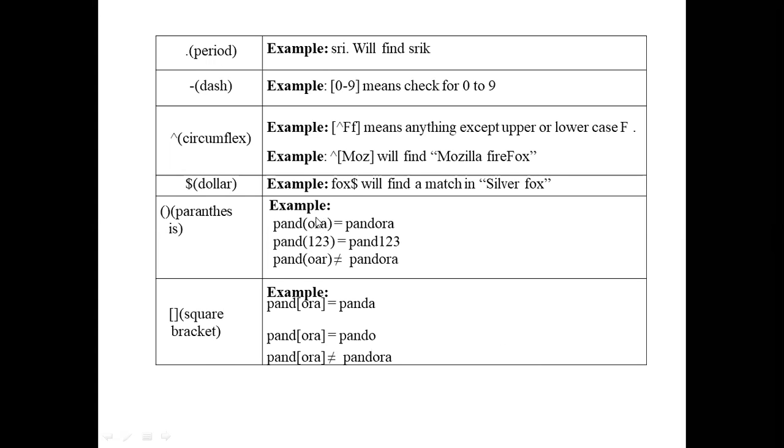We search for the ORA after D, next we search for the 123 after D, and next we search for OAR, which is a group. We search for OAR after D, but after D there is ORA, so that's why it does not match.